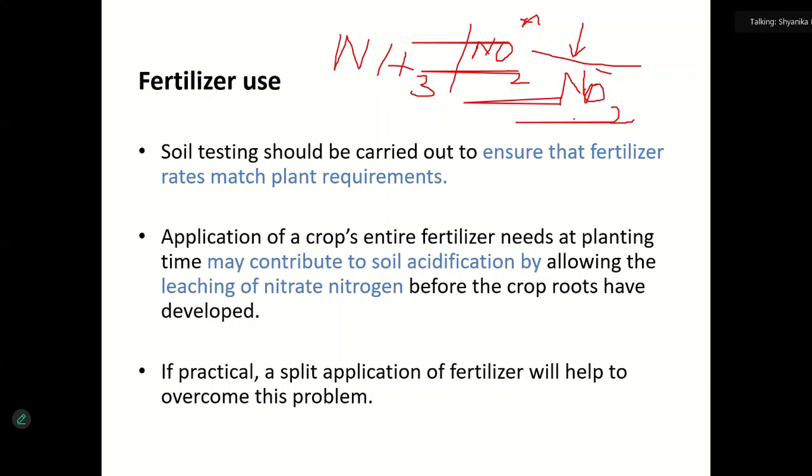So these excess nitrate ions, what happened? Let's see, this is the groundwater table, right? They're going downwards. That is what we call the leaching, right?